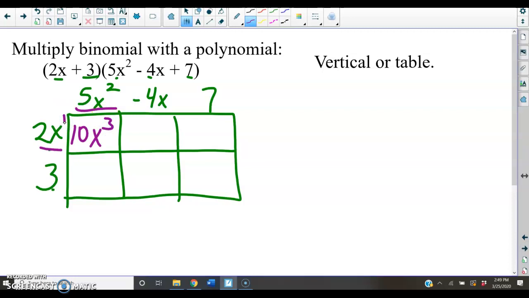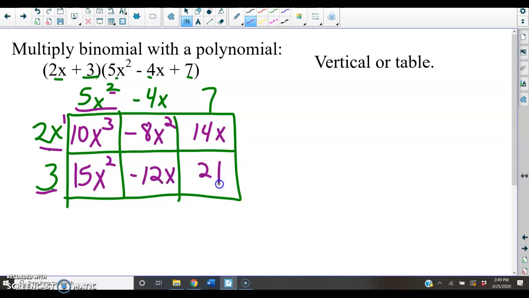You have one of them here and two more here, so that means x is used as a factor 3 times. Be careful with your signs. So that became negative 8x squared. This would be 14x. Now taking times 3, that's pretty simple. So that would be 15x squared, negative 12x, and 21.